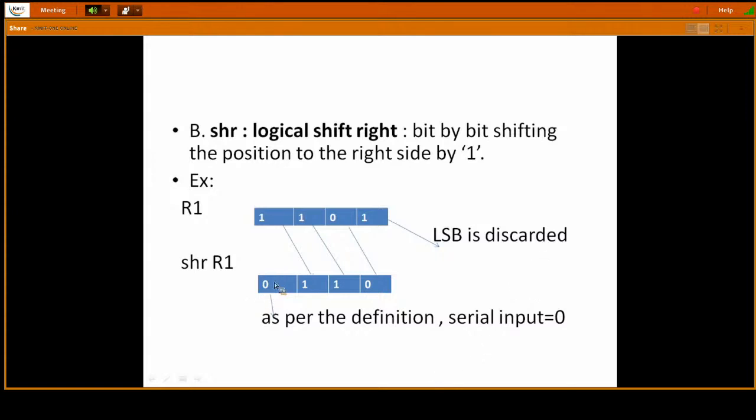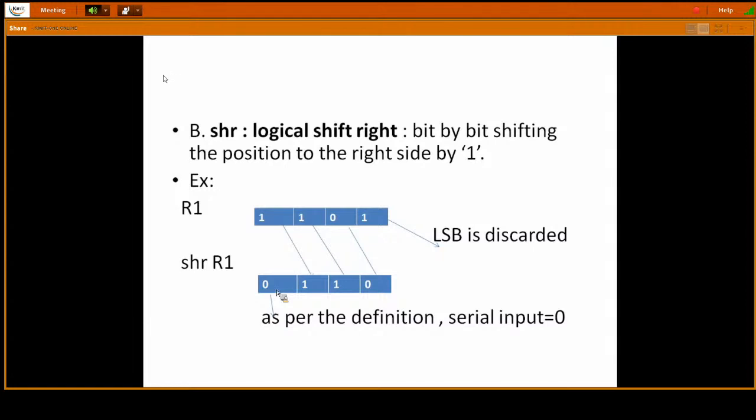So what can you fill at the MSB position? According to the definition of shift micro operation, a serial input of 0 can be transferred at the MSB position. This is your logical shift operation. Mainly logical shift means moving the bits of the register to the left side and moving the bits of the register to the right side one at a time.